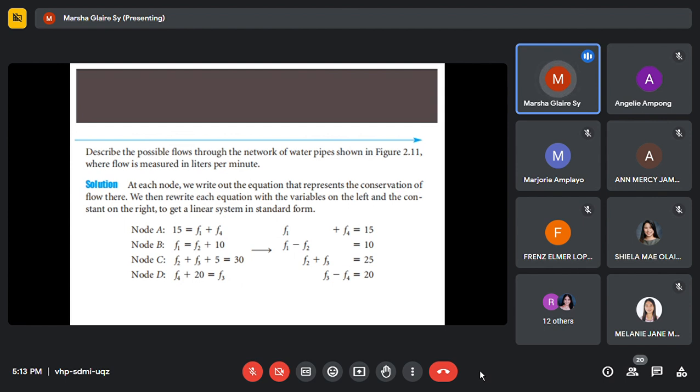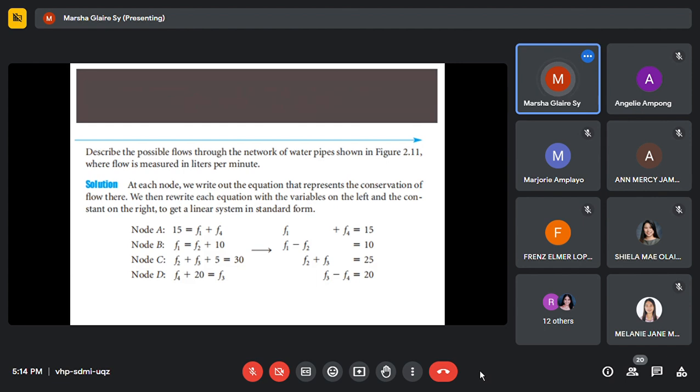And node D, F4 plus 20 is equal to F3. So we have these equations: F1 plus F4 is equal to 15, F1 minus F2 is equal to 10, F2 plus F3 is equal to 25, and F3 minus F4 is equal to 20.